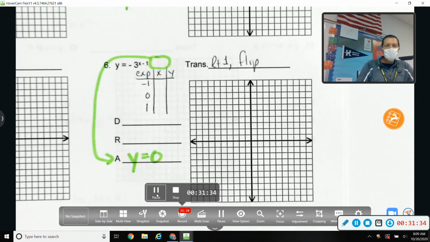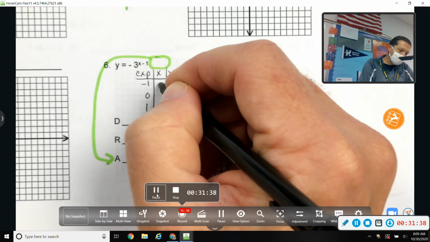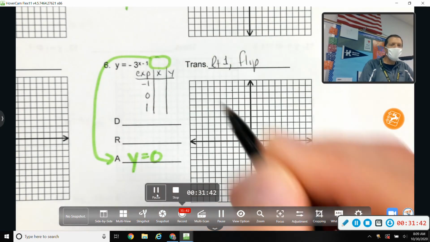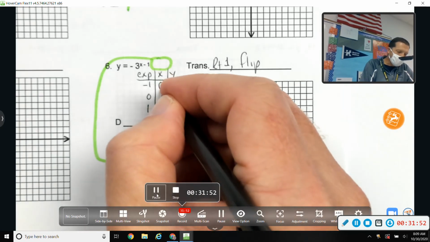All right, if I want my exponent to be negative 1, what does x need to be? What does x need to be so that the exponent is negative 1? No one wants to talk, maybe because we're recording.